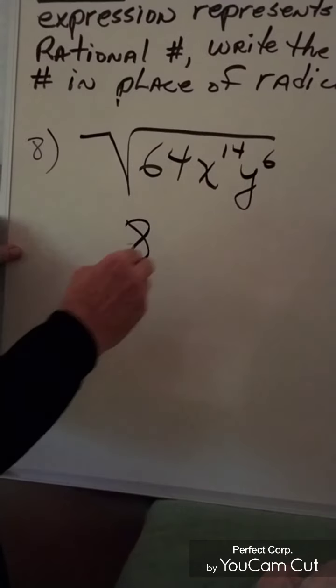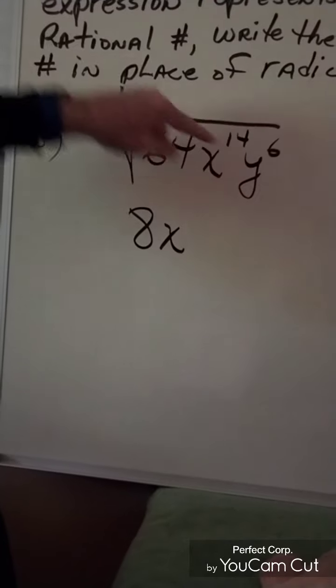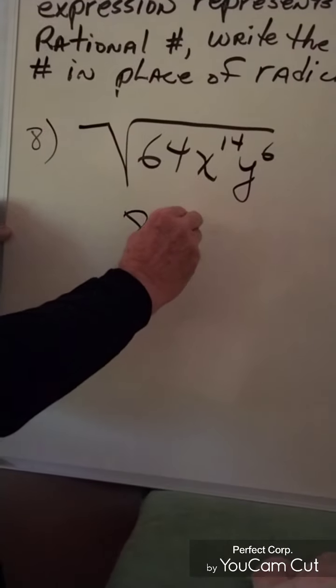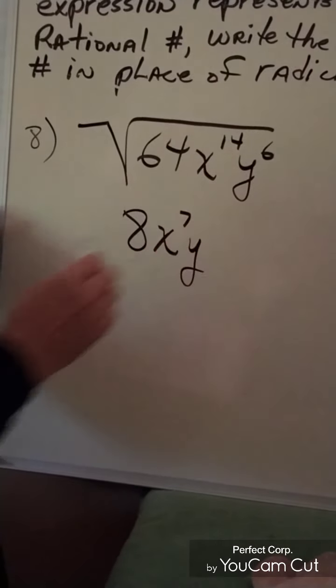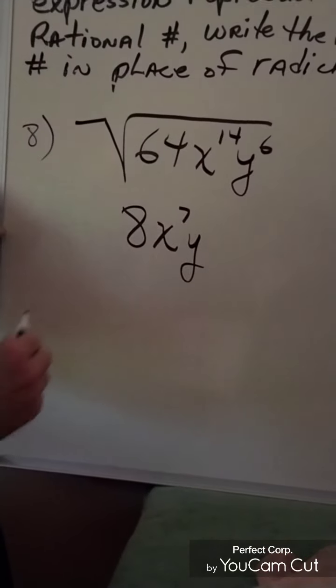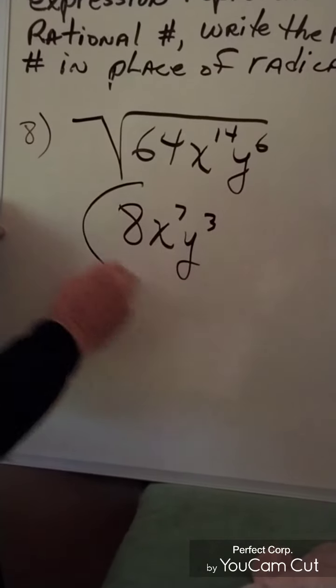Bring down your x. Take the exponent of 14 and divide it by the index of 2. 14 divided by 2, x to the 7th. Bring down the y. Exponent of 6 divided by index of 2. 6 divided by 2, 3. Y cubed.